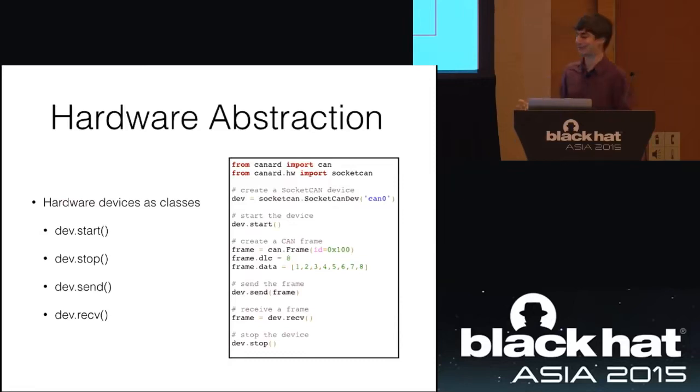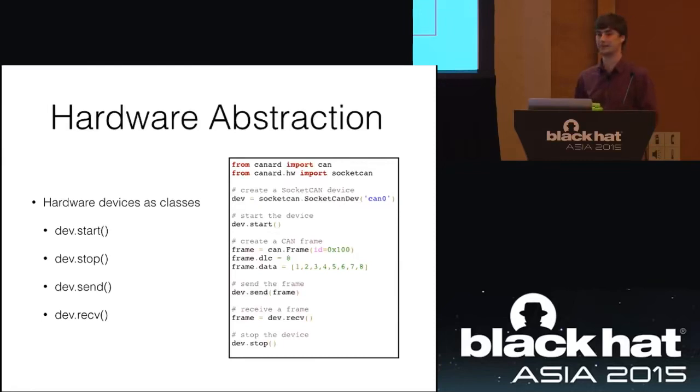So a really simple code example, if you were wondering how you actually do this, is: we import some stuff. We're going to create a socket CAN device. So this is going to bind to the CAN 0 device as a socket. We'll start that device with dev.start. Then we'll make ourselves a CAN frame. So that is a frame with ID 0, that's the identifier.